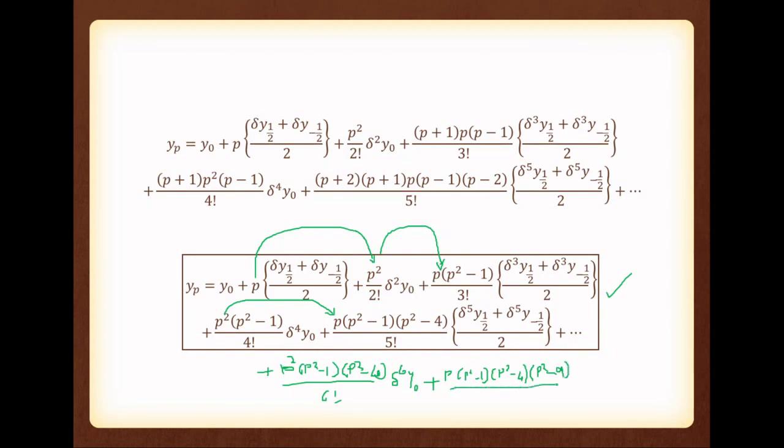Now divided by, this is 6 factorial, so here we have 7 factorial into, now this is 7, an odd term, so we have to take the average. So delta raised to 7 y at 1/2 plus delta raised to 7 y at minus 1/2, divided by 2, means average, plus etc. So like that way this Stirling's formula will go.